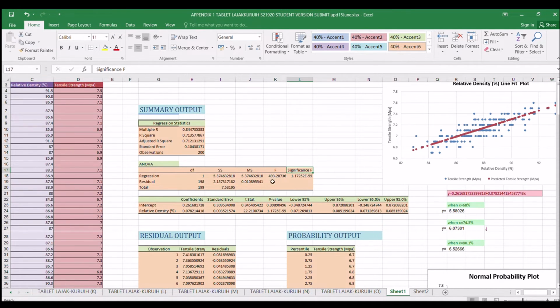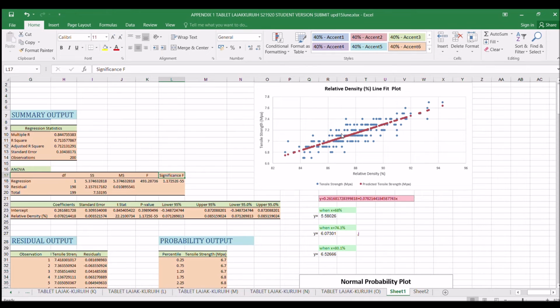In this case, our alpha is 0.05, and this shows that the significance F is less than alpha. Thus, we have to reject H-naught and conclude that beta is not equal to 0, which implies that the linearity between the two variables does exist.